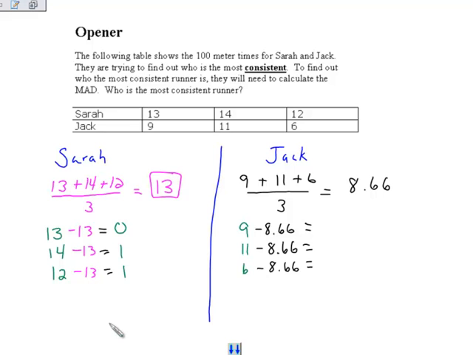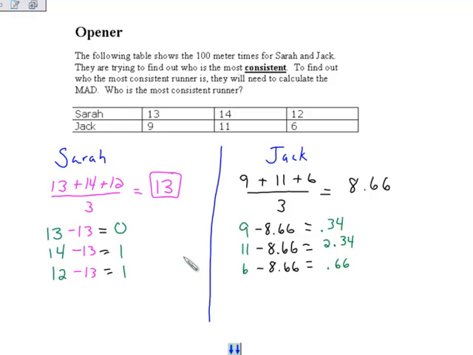For Jack, his should be 0.34, 2.34, and 0.66 when you subtract those. Hopefully you used your calculator for that. So this is step 2. You're done with step 2.